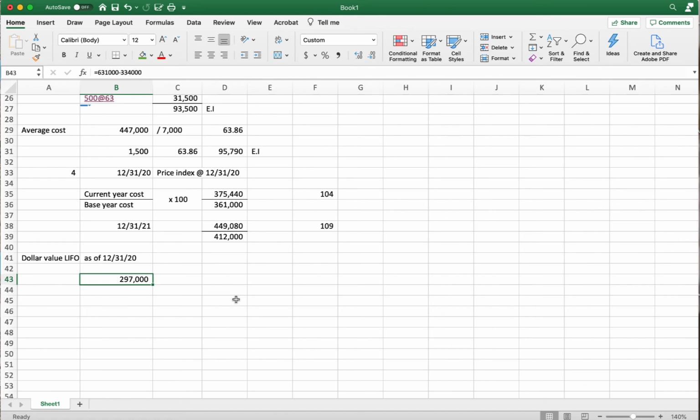We're trying to figure out the increase of the base year cost between 1/1/20 and 12/31/20. Okay, so to figure that out, I need to take my $361,000 and subtract my $334,000.